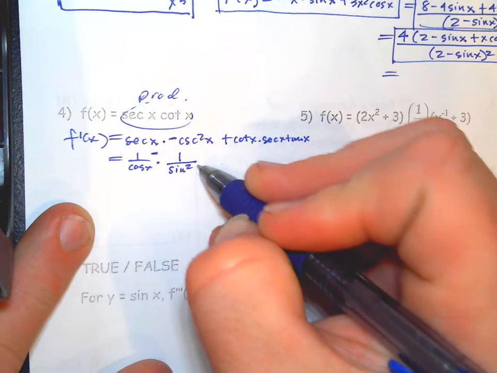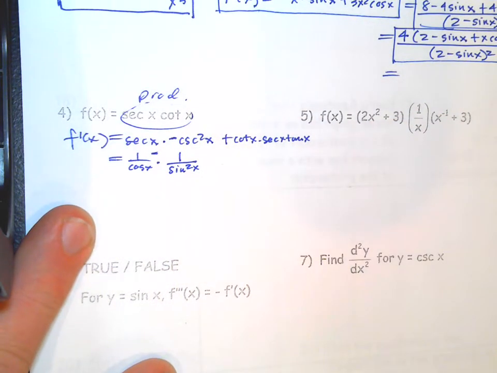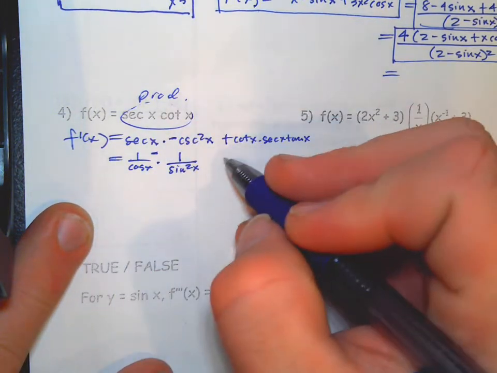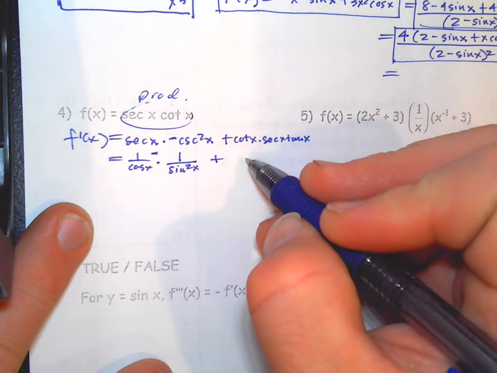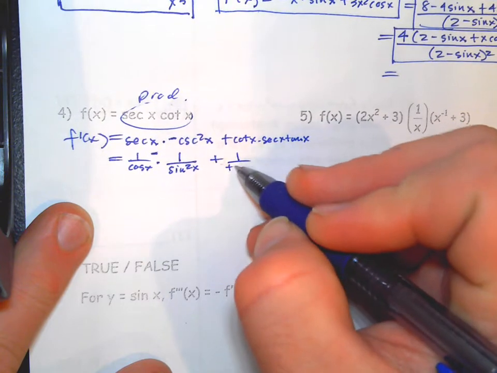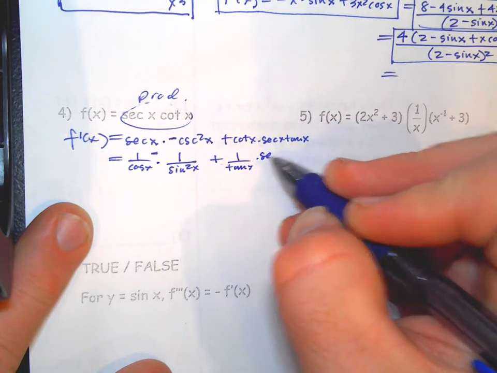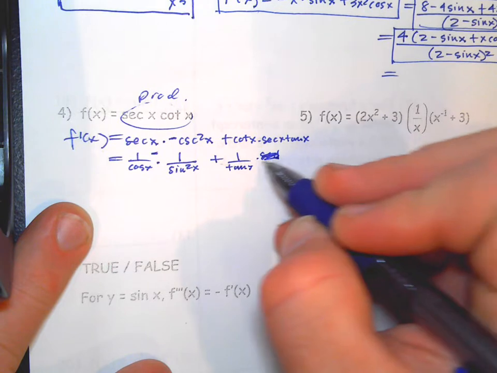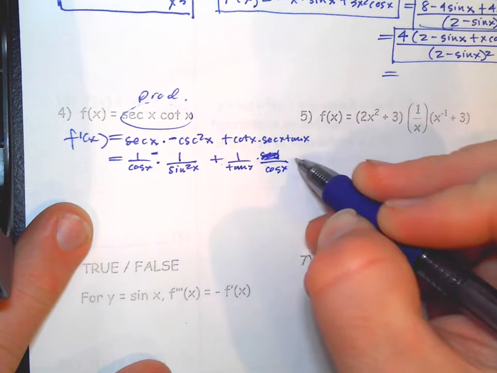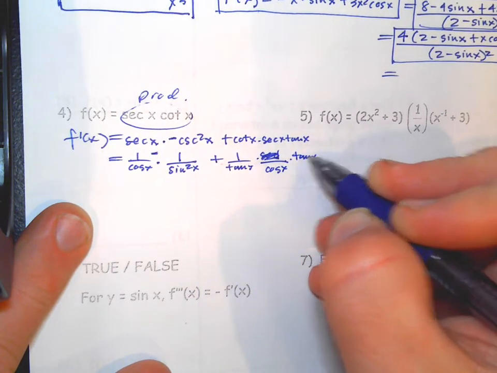I don't really know if that's that much better. We could try it. I think that would just be better to leave the way it was. Cotangent is 1 over tangent, right? And secant is 1 over cosine. And then you have tangent. And those guys cancel.